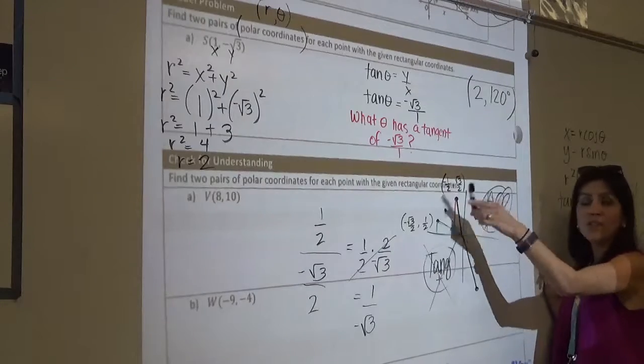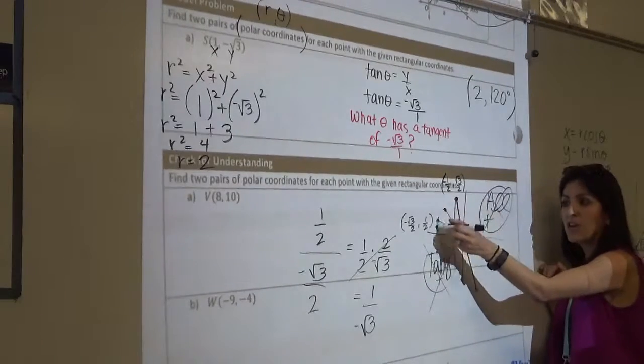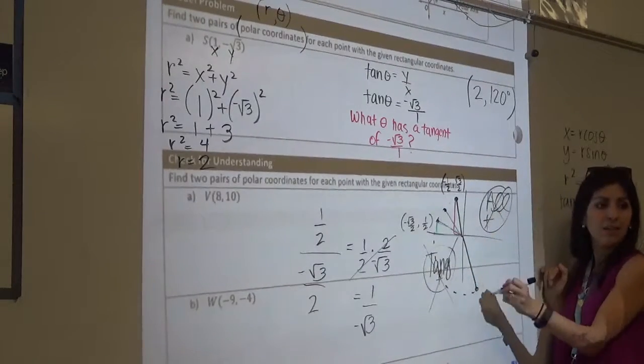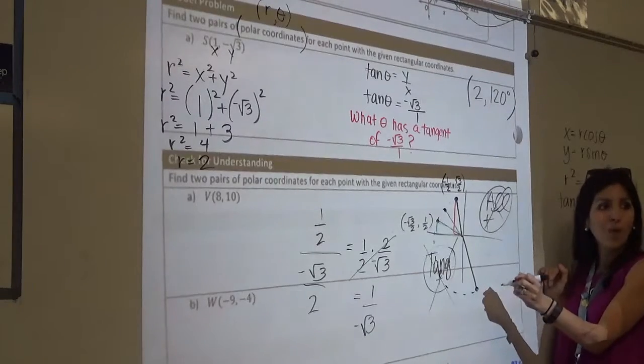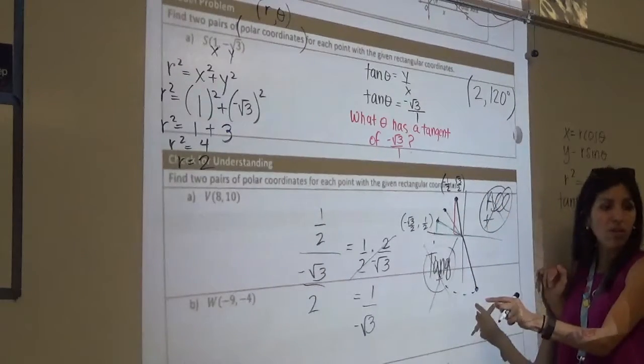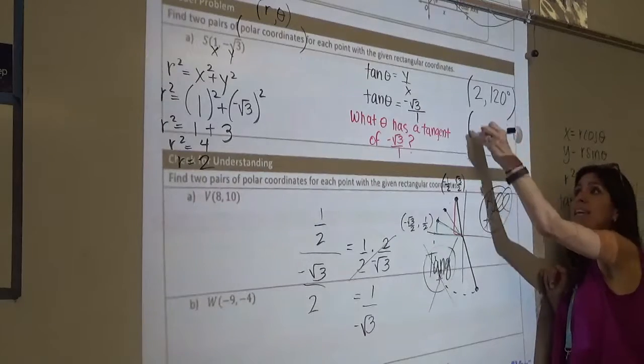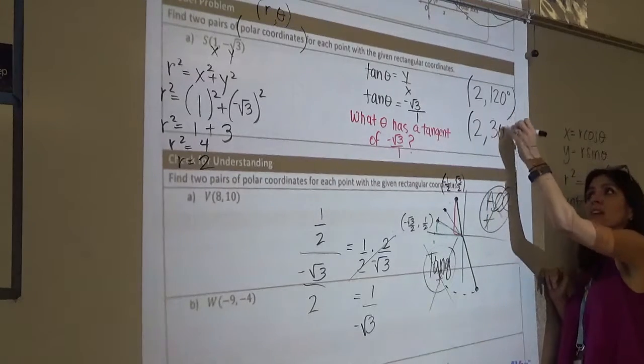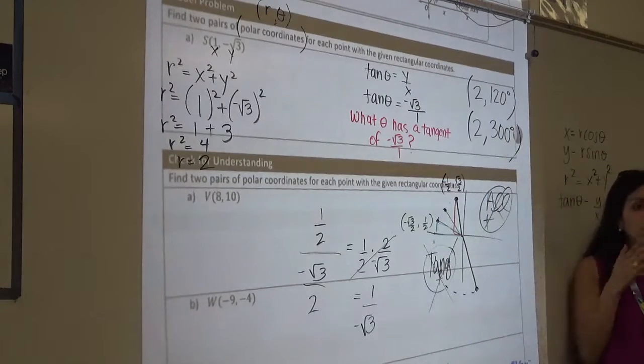And if you think about that as a rotation, how many degrees do I need to add to get over here? 180. That's half a circle. And 120 plus 180 gets me my last answer of 300 degrees.